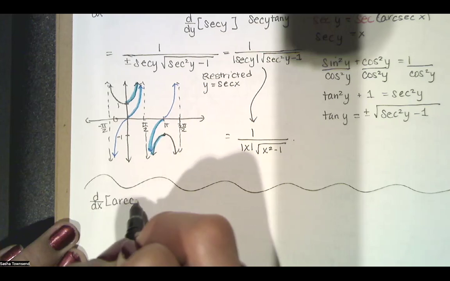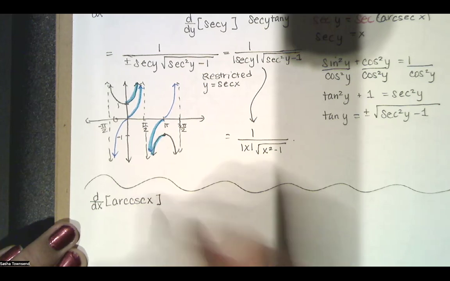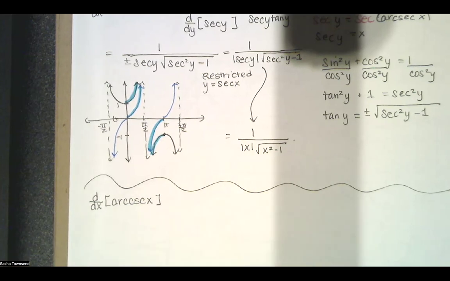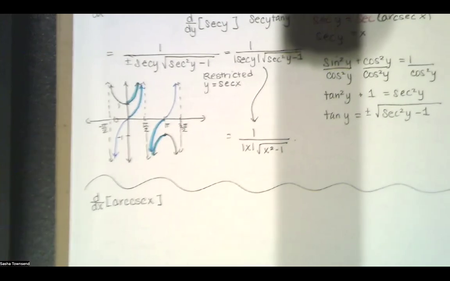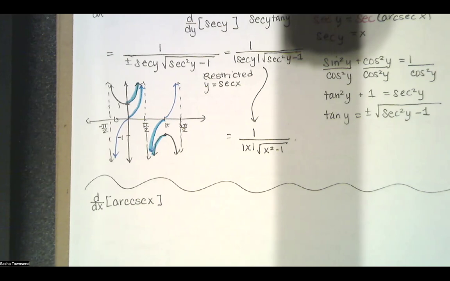Now, if you're thinking to yourself, which restriction do they take for arc cosecant? It's usually the same as the restriction for the corresponding reciprocal function. Since we take the restriction of sine on the interval from negative pi over 2 to pi over 2, when we take the restriction of cosecant of x in order to get the arc cosecant graph, we use that same interval.